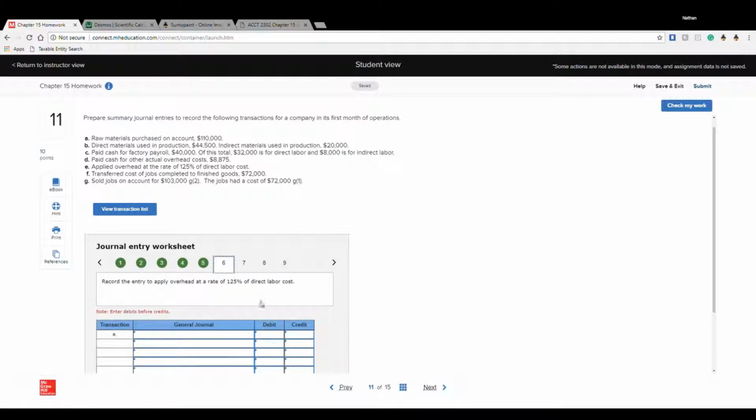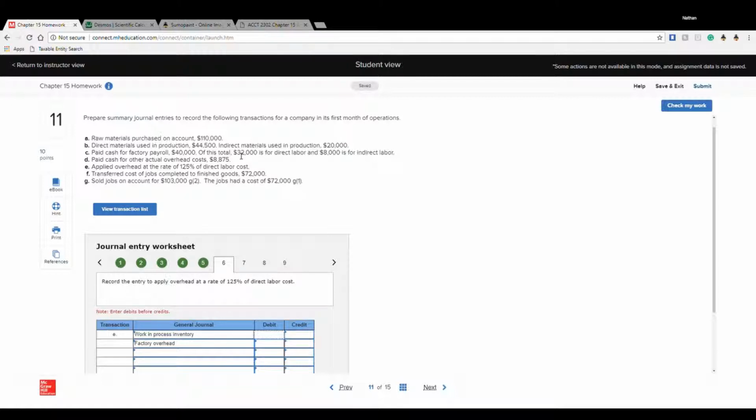6. Now we record the applied overhead rate. Let's see, what is it to? Oh, direct labor cost. So again, applied overhead is going to be work in process with factory overhead. Okay. Remember, applied is always a credit to factory overhead. Actual is always a debit. So with this, we need to figure out the amount.